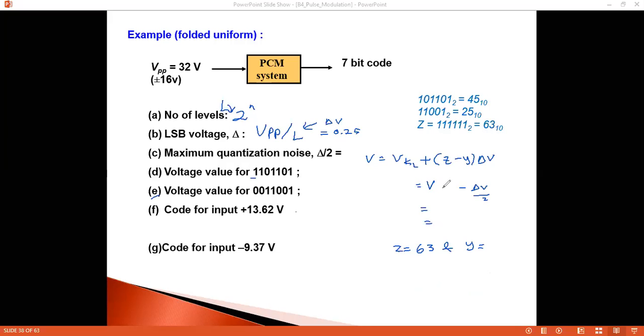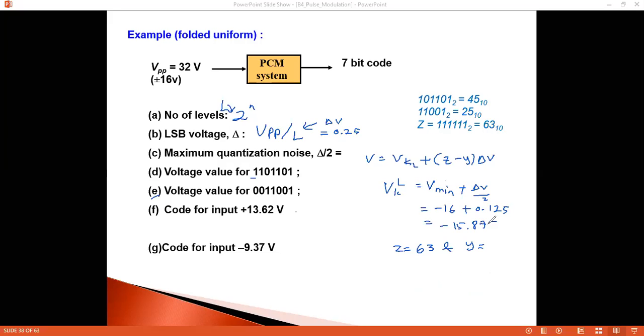Here, our VKL is equal to V min plus delta V over 2. Our V min is negative 16 plus 0.125, so we get minus 15.875.